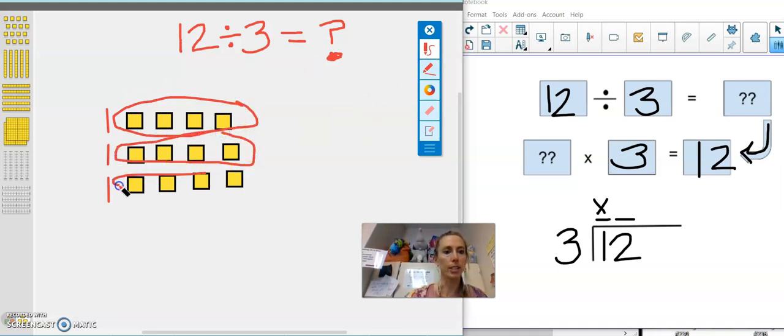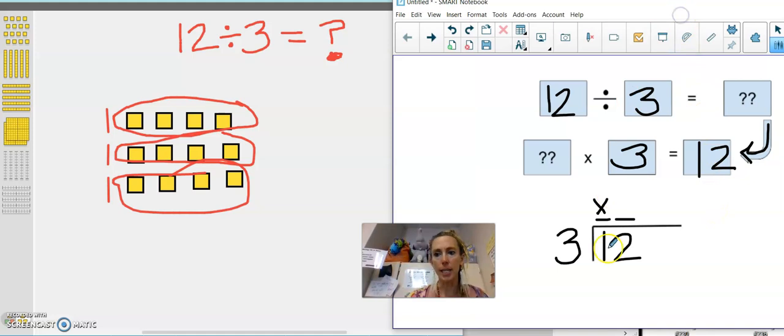Each person is going to get $4. So I'm going to go back over here and write that. How many am I going to have for each person? 4. So 3 people and they each get $4.